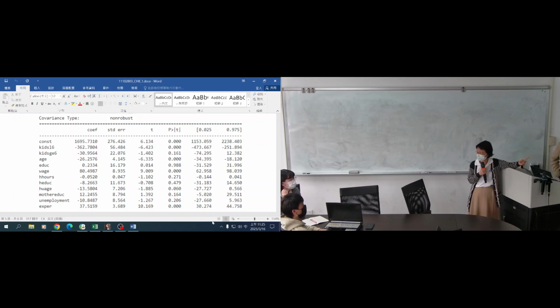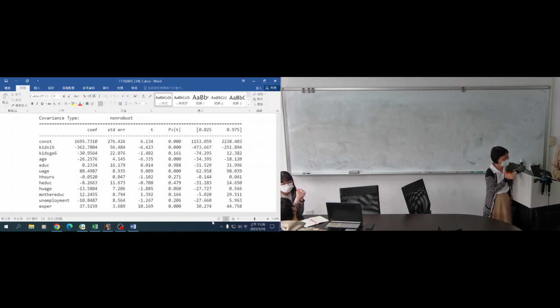So for the multicollinearity, the problem is not that serious. Okay? A lot, right? So it's really running. So now it's 35 seconds.